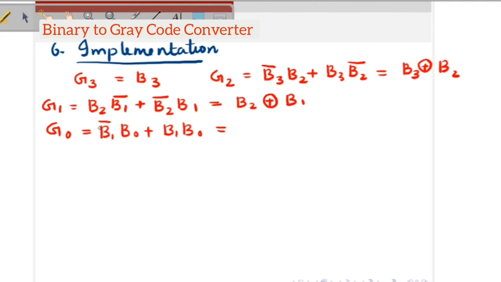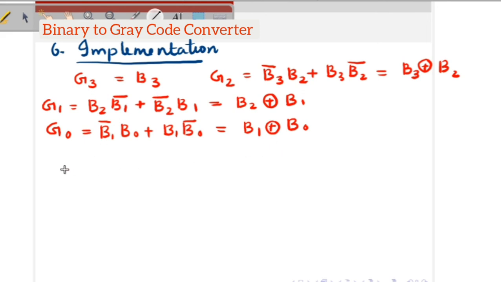Then G0 is equal to B1 bar B0 plus B1 B0 bar, that means B1 XOR B0. So next we can draw the logic circuit. Here we can easily draw the logic circuit using only XOR gates.